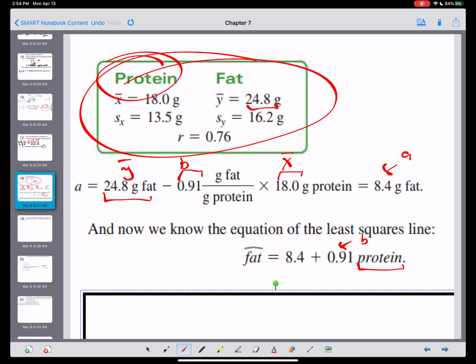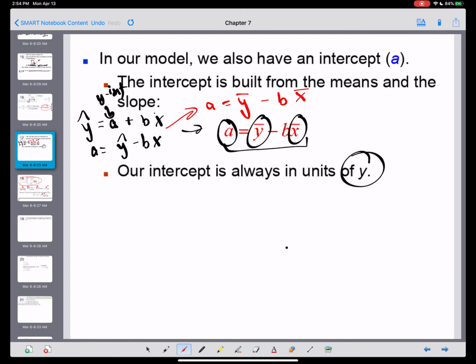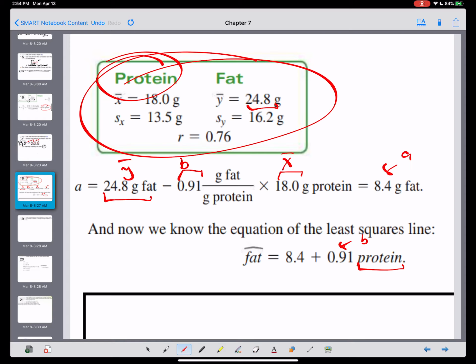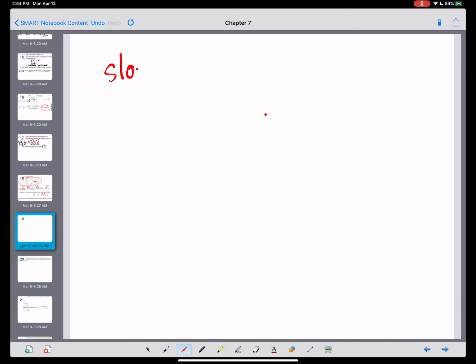Okay, so there's just two formulas that you guys need to really memorize. The slope is your correlation coefficient times the standard deviation of y over the standard deviation of x.